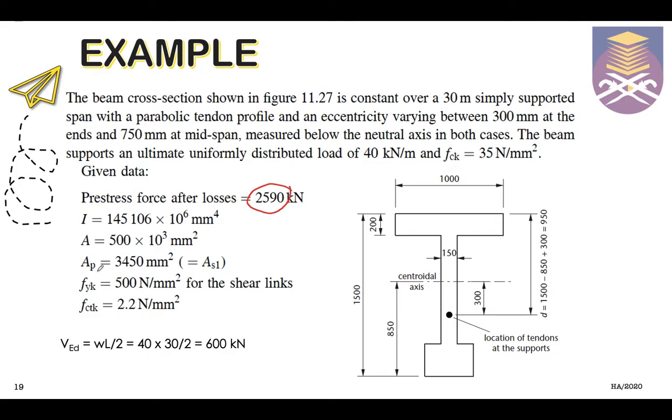Then we also have Ap, which is the area of the pre-stressing tendon, which in this example we are going to consider as Asl. Then we have fyk is 500 and fctk, the characteristic tensile strength of our section, is 2.2 N/mm².